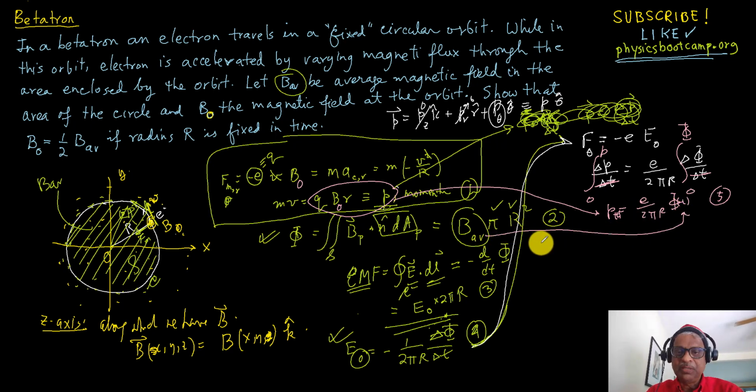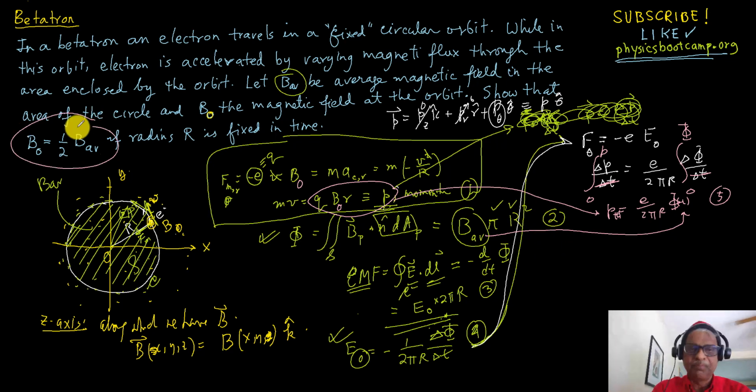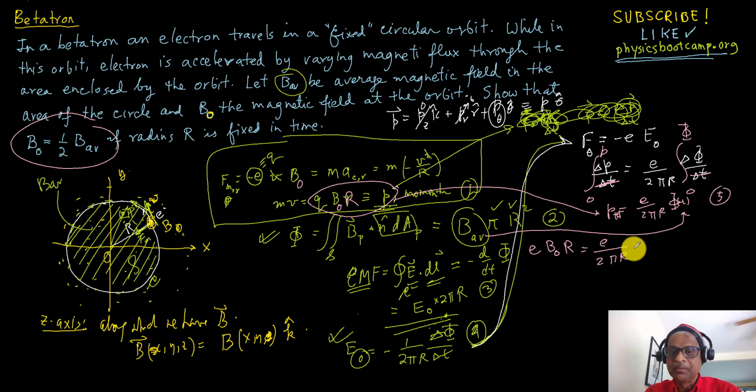So we are going to get this, because we got P of t is going to be some charge times B0, this is actually capital R, on the left side, and on the other side is some charge over 2 pi r, and this is B average times pi r squared.